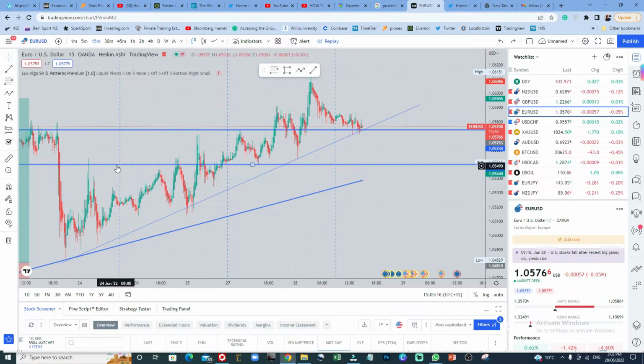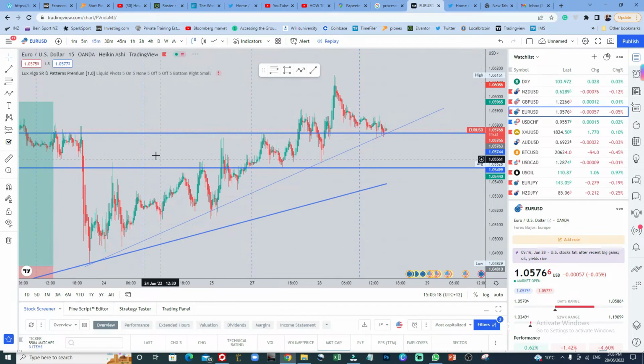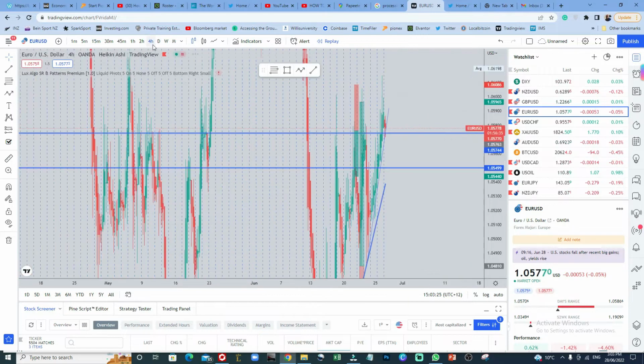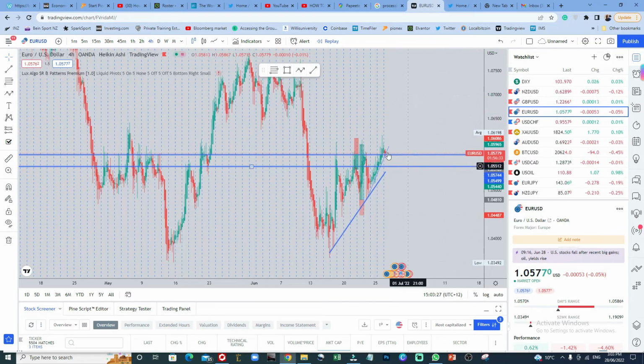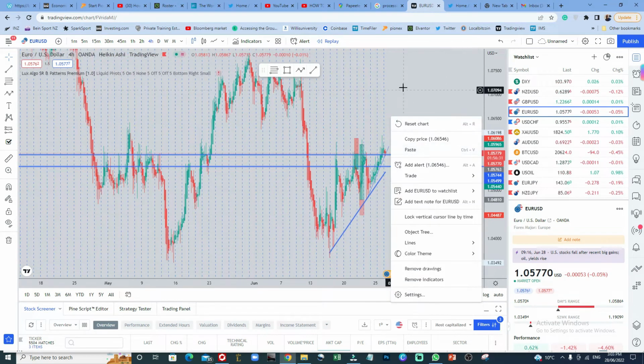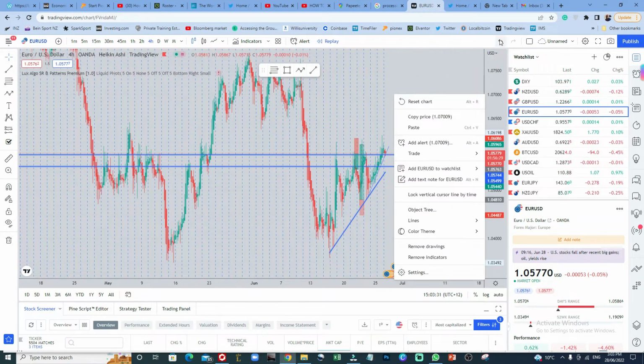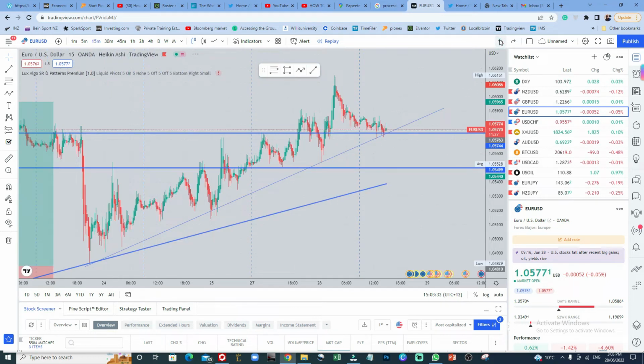Now this is EUR/USD. I'm going to be taking it as an example to explain my setup. So what I was saying was that on the 4 hours time frame, what I do is first of all I will just take everything out.